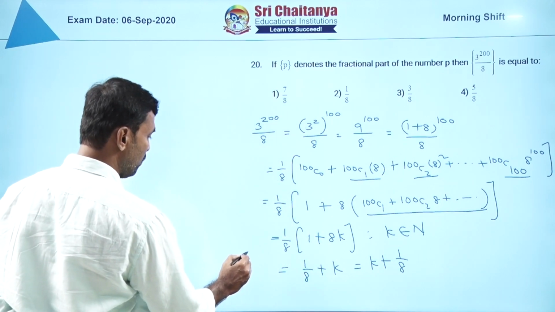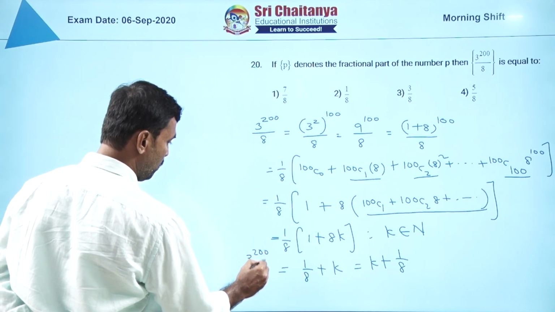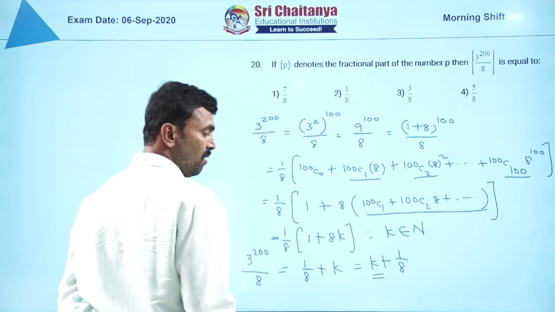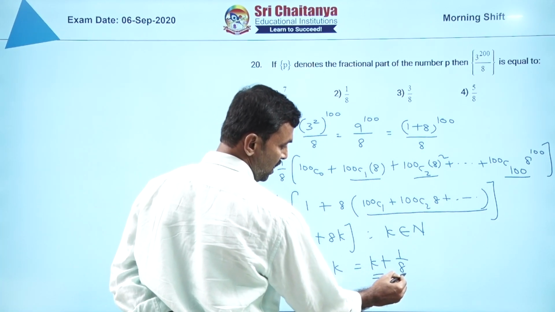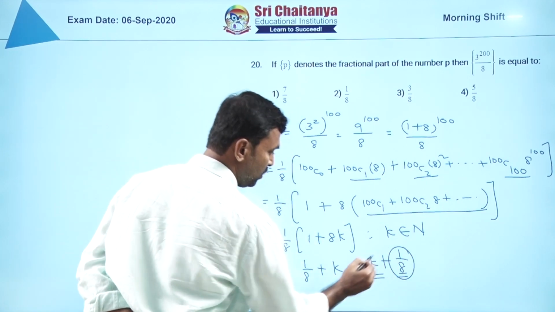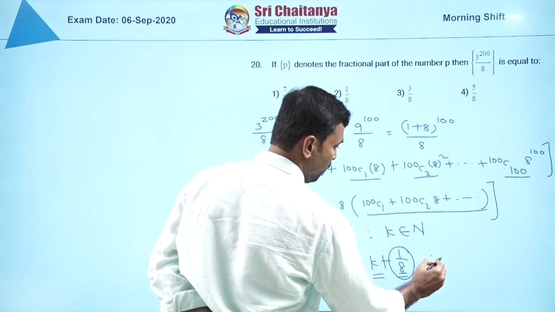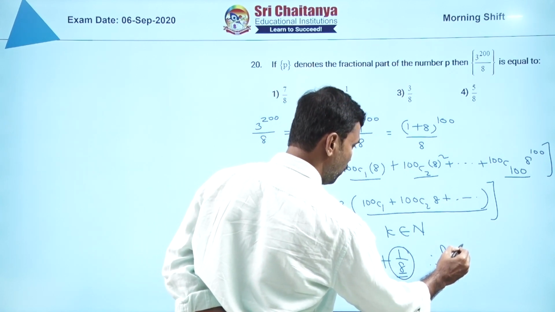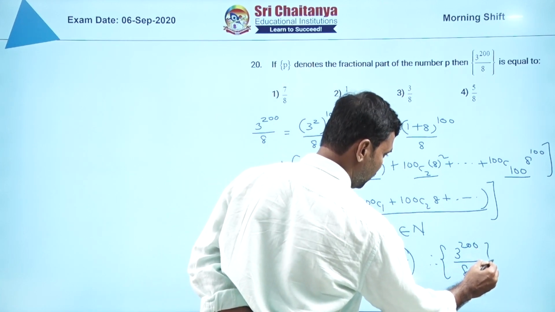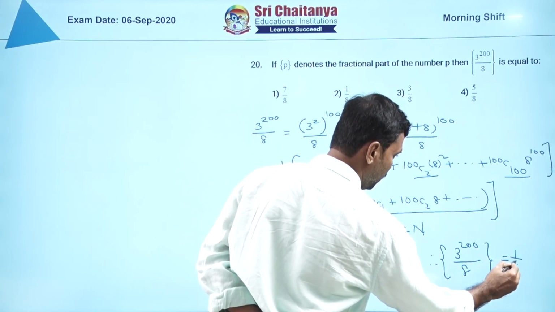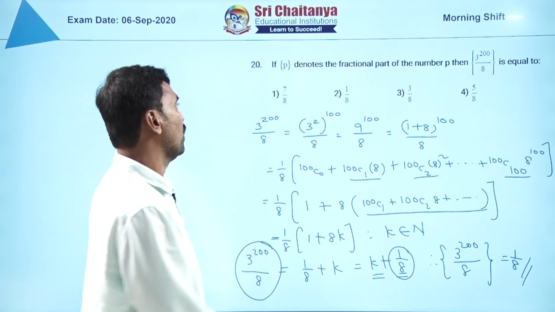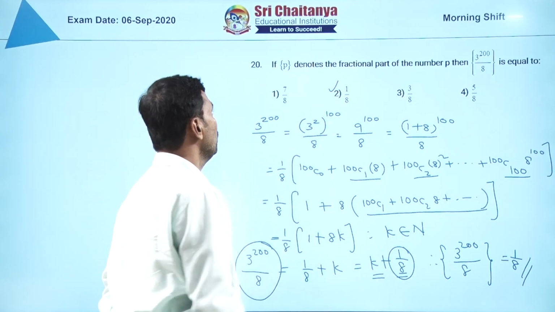So for this number 3 power 200 by 8, I expressed the integral part and fractional part. What is the fractional part of this? 1 by 8. Therefore, the fractional part of 3 power 200 by 8 is 1 by 8. So our option is the second option. The second option is the correct option.